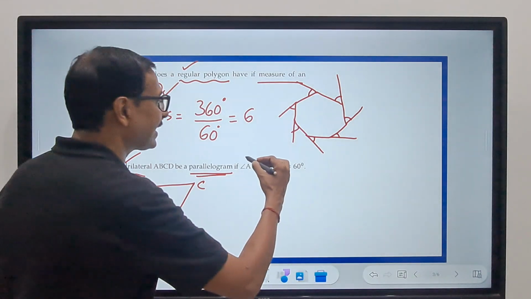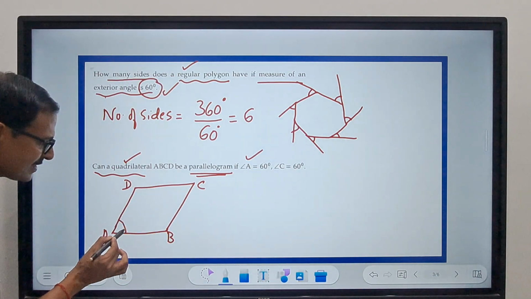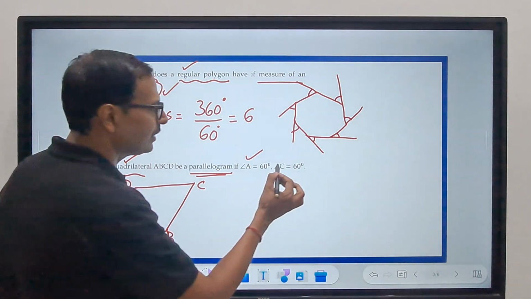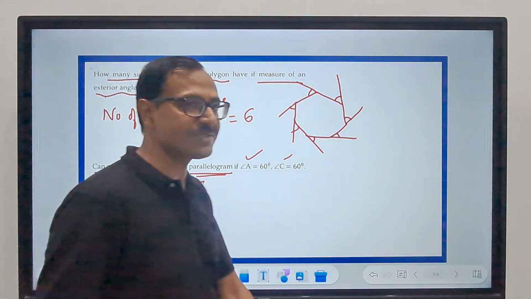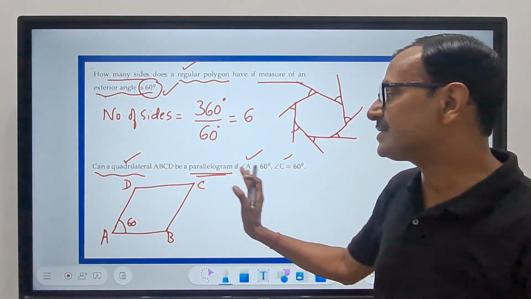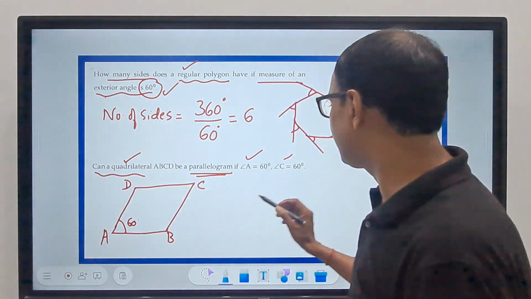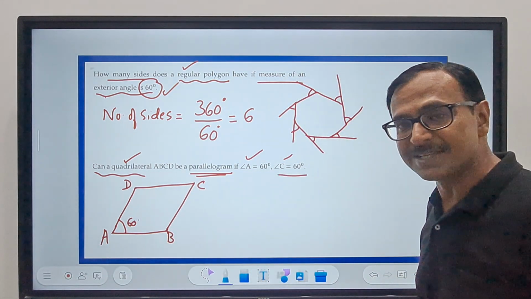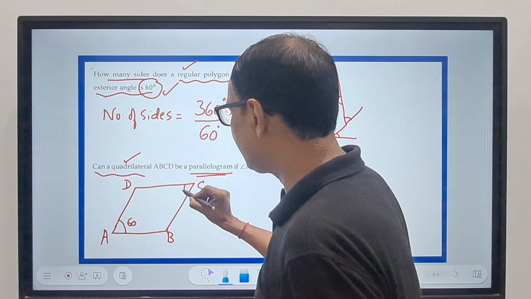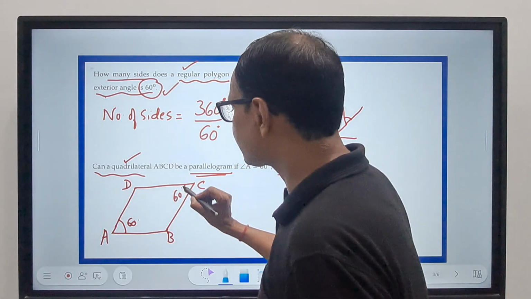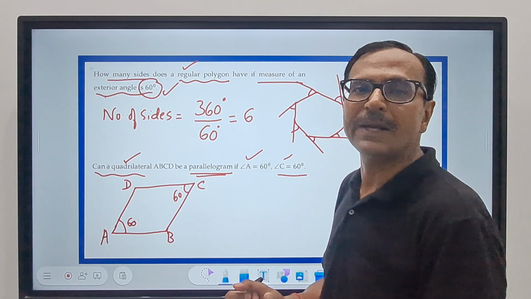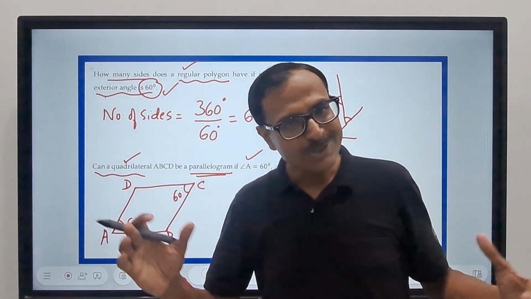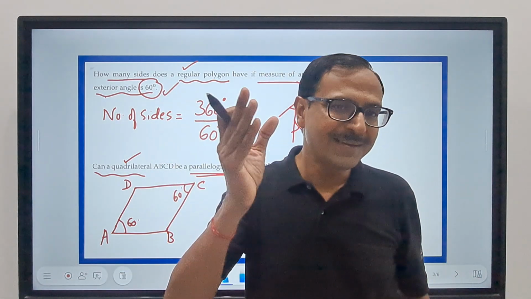Now he says angle A is 60 degree. If this is 60 degree and angle C, the opposite angle, see, angle A and B are always adjacent, angle A and C are always opposite, and so he gives us that angle C is also 60 degree. Those who know the properties of a parallelogram will know that opposite angles of a parallelogram are always equal.